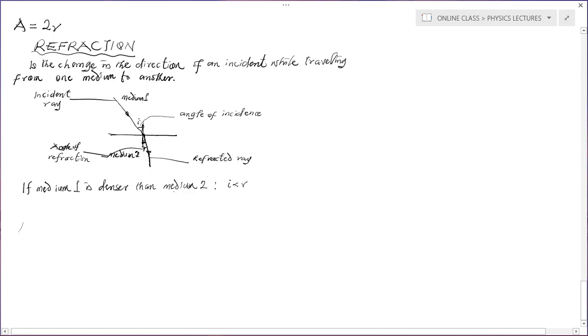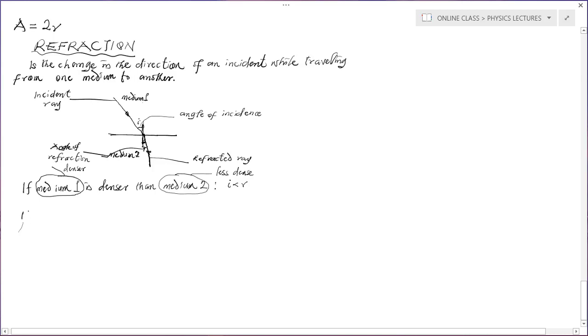In this case, it means that this is a less dense medium. We call this one the less dense medium, and this one will be the denser medium.